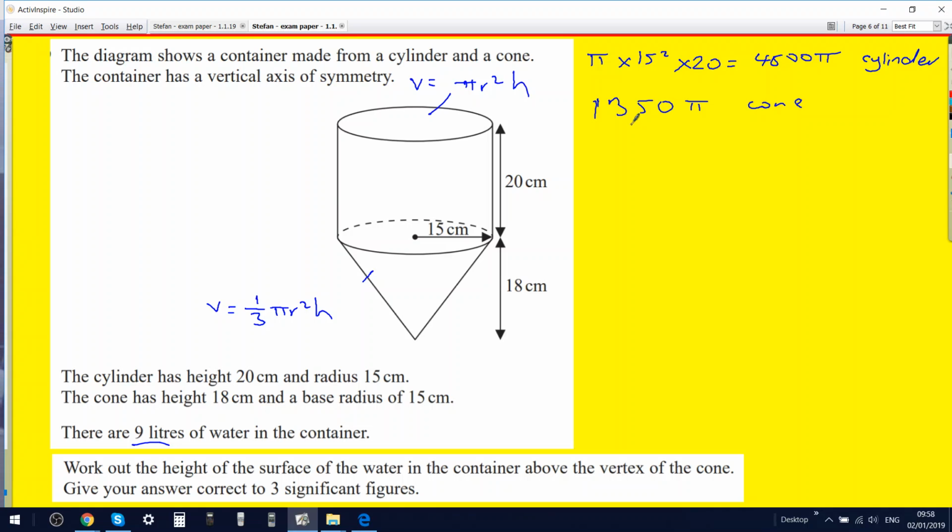How many liters? I don't know. So then you could convert that. So 1350.